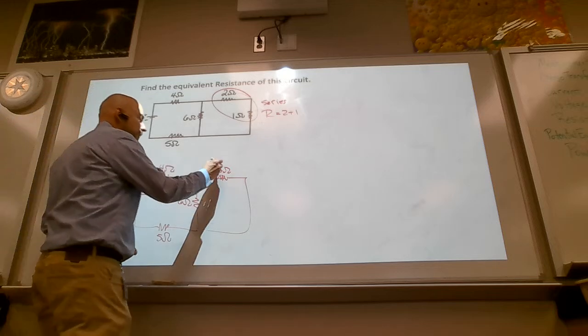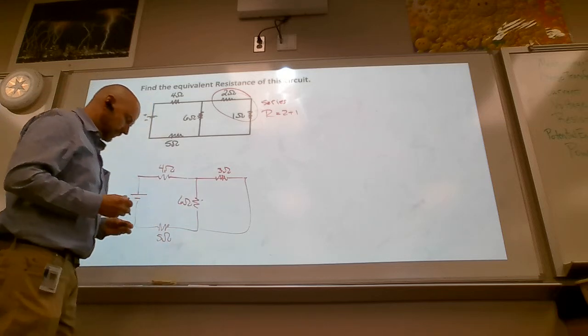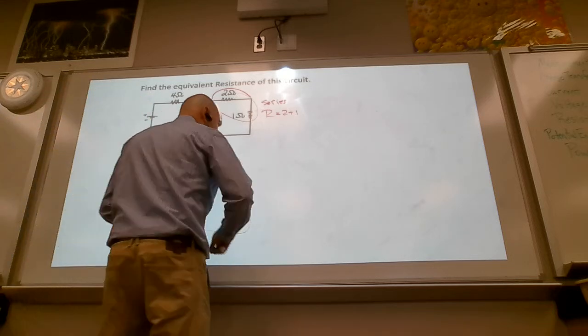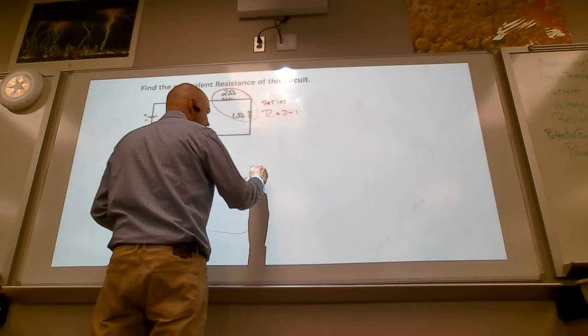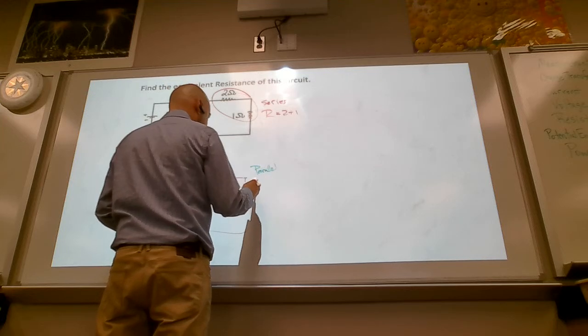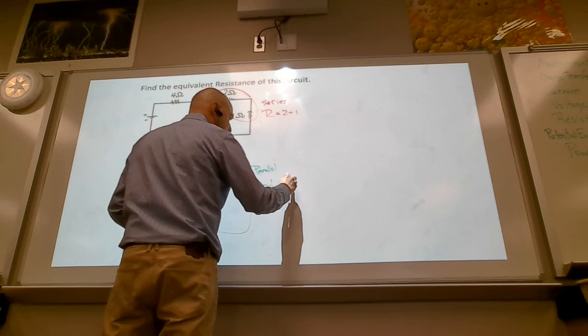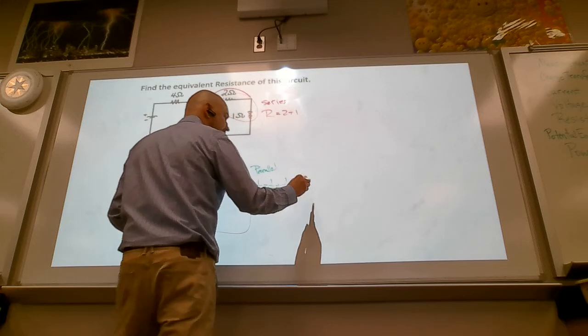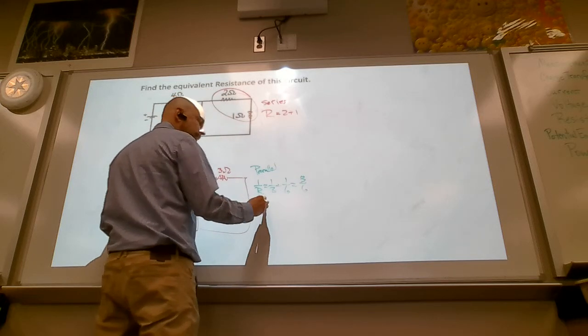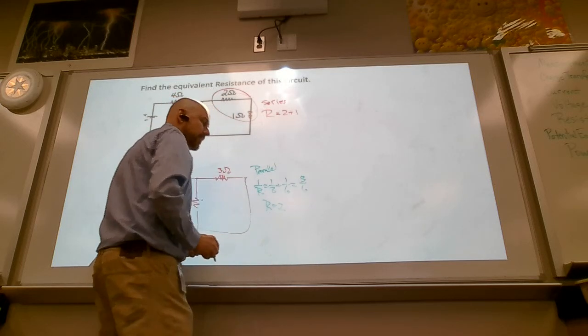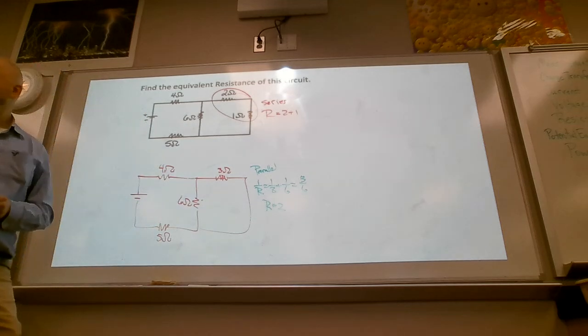So these two are wired in parallel. So 3 and 6 equal 1/2. R is equal to 2. Okay with that?